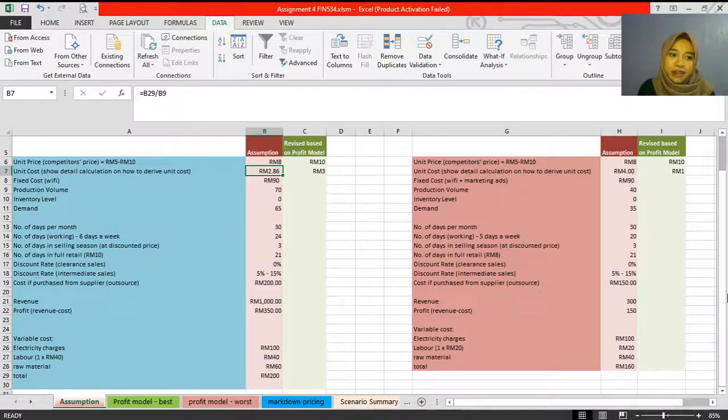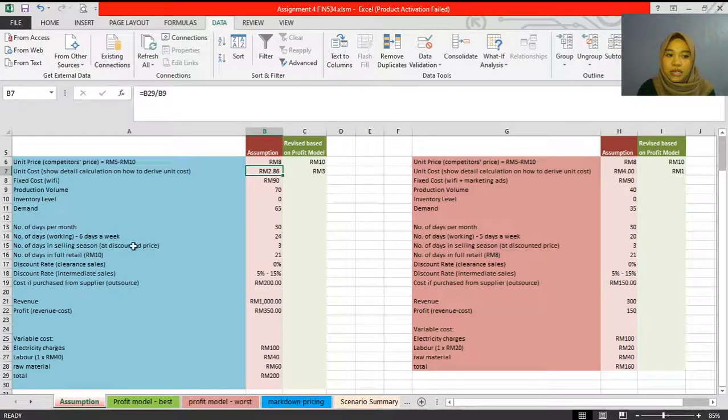In a month I usually get 65 units. In a month I am working 24 days, because on Sunday I am not producing or selling chocolate cake.